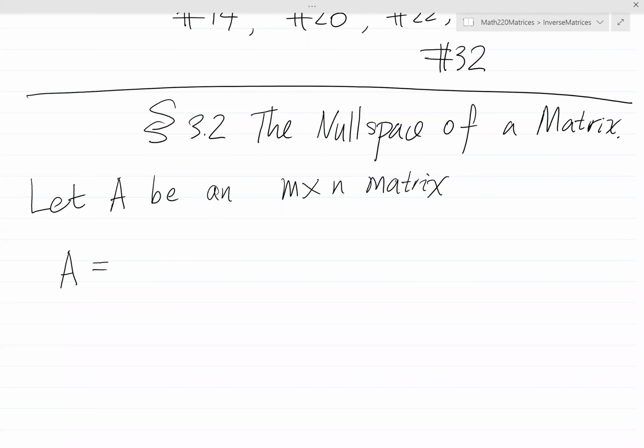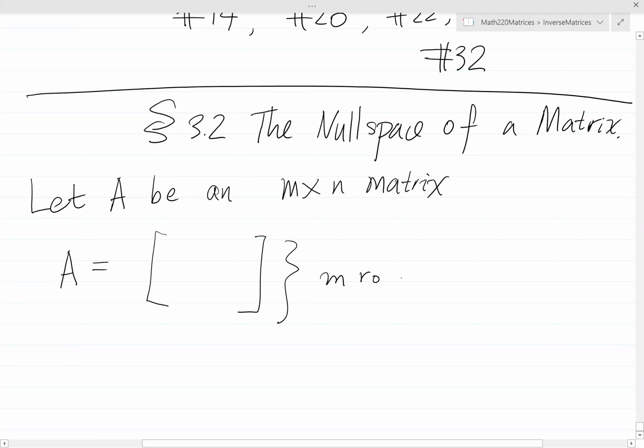If we write it as row vectors, it's R1, R2, ..., Rm. We have m row vectors. And for each row vector i, we can write it as Ai1, Ai2, ..., Ain. So we have n columns.